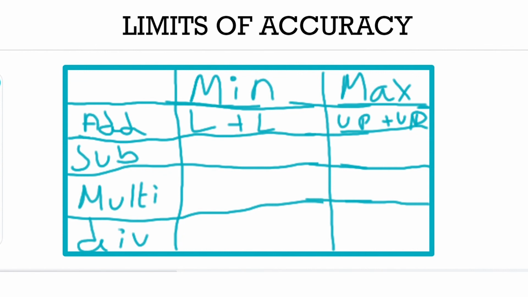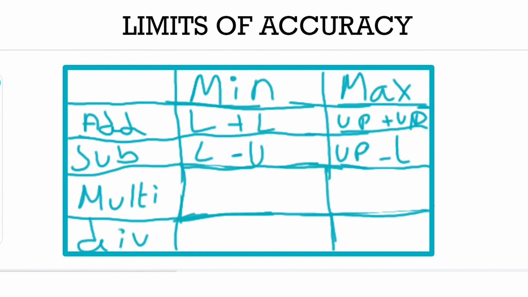For subtraction, to calculate the minimum or lower bound, we will take lower bound minus upper bound. And for the maximum, we will do the opposite, upper bound minus lower bound. Now multiplication is similar to addition. In addition, both were the same. In this also they will be the same: lower bound multiplied by lower bound and upper bound multiplied by upper bound.